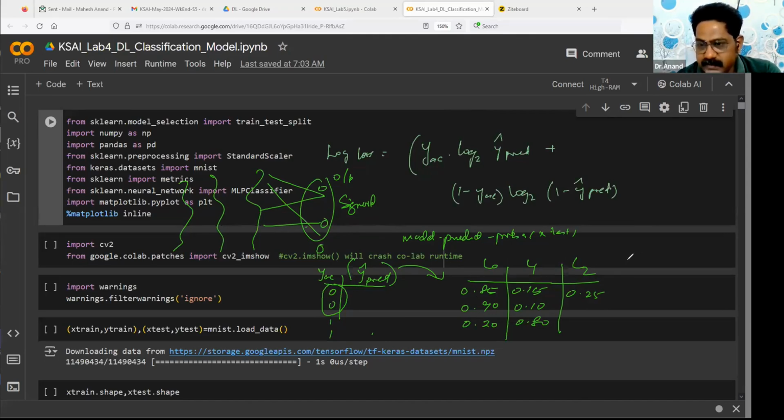So what will softmax do? If these numbers need to be converted to softmax probabilities, it is e to the power 0.85 divided by the summation of e to the power 0.85 plus e to the power 0.15 plus e to the power 0.25. So it is an exponentially normalized value.